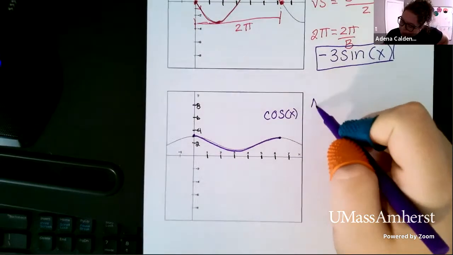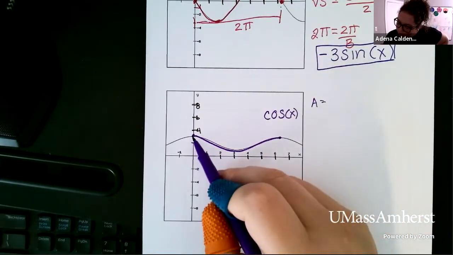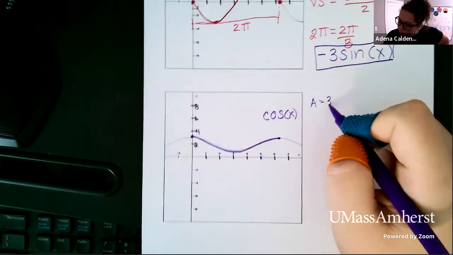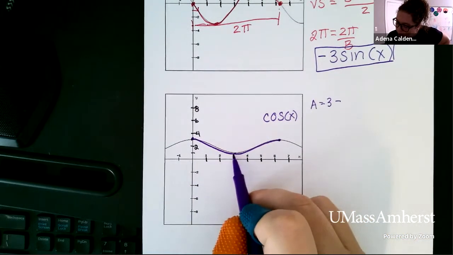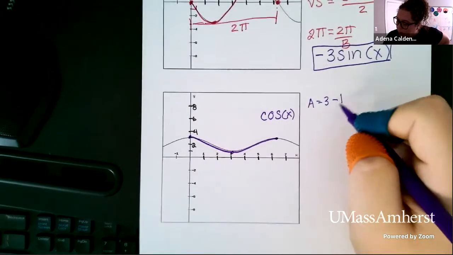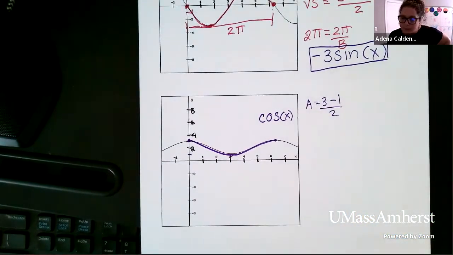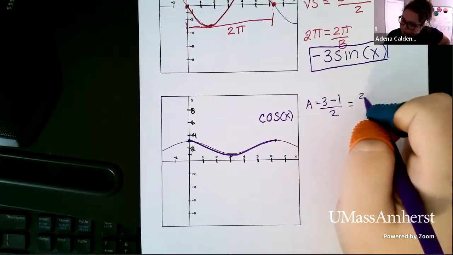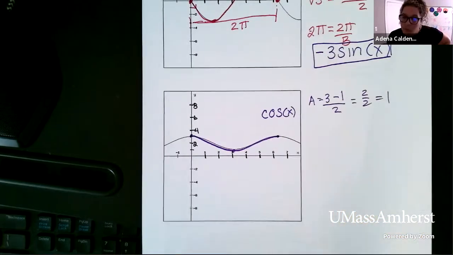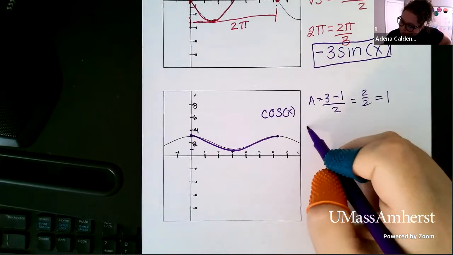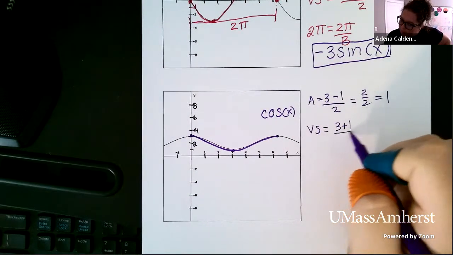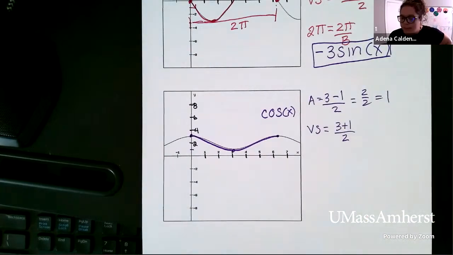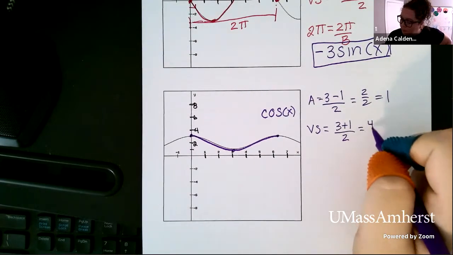So when I think about my amplitude, I have my max value, which is 3. My minimum value over here looks like it's going to be 1, divided by 2. So I have 2 over 2, which is 1. My vertical shift, I'm going to do 3 plus 1 divided by 2, which gives me 4 over 2.